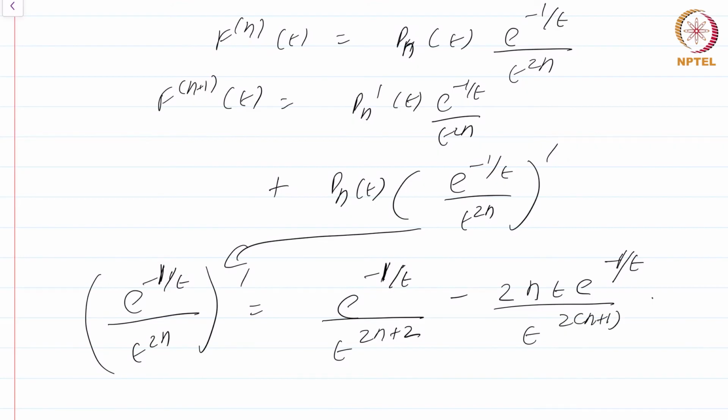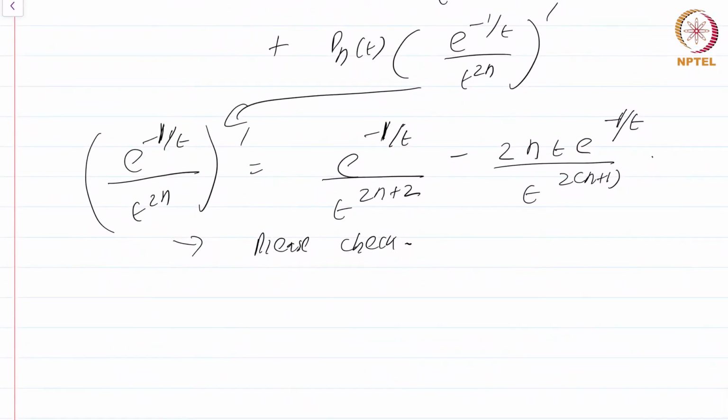Okay, so please check this. I have just differentiated 1 by t power 2n and we get this.